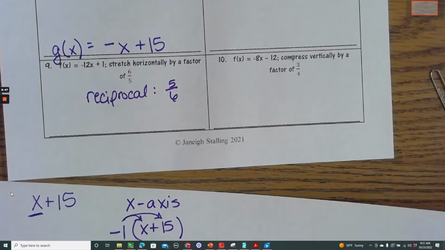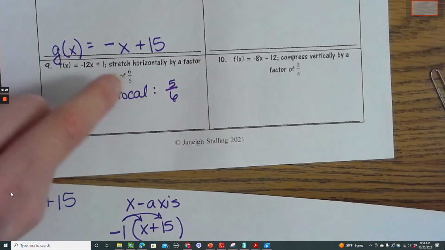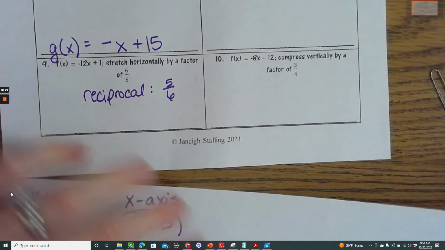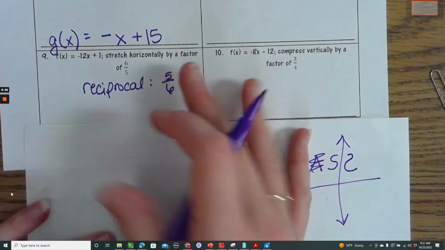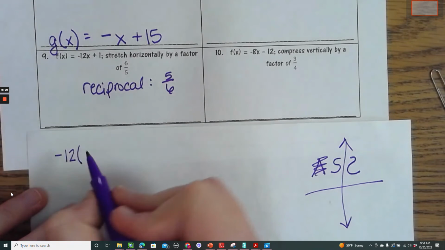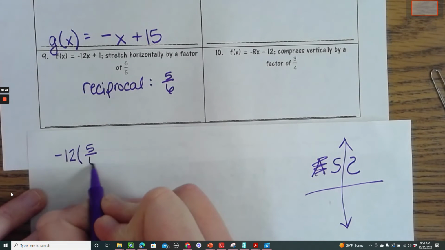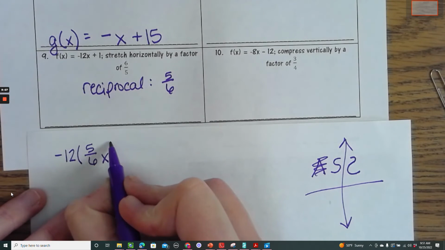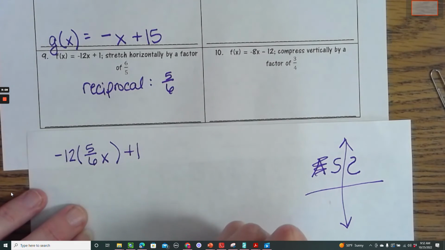So I'm going to stretch it, which means I'm only going to mess with the x. So I'm going to do negative 12, and then 5 over 6 x, and then plus 1.